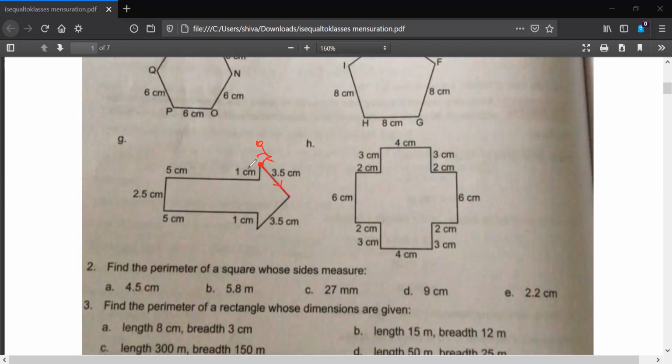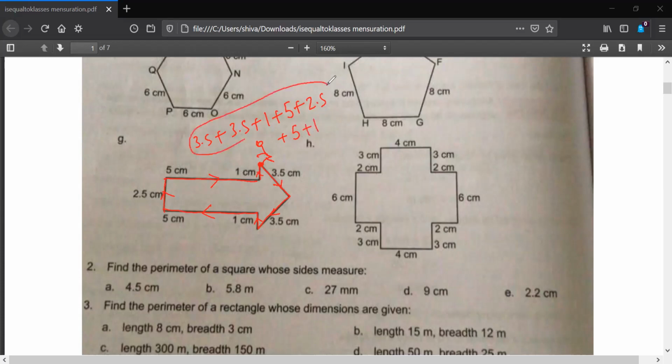This is my 3.5 plus this is my 3.5 plus this is my 1 plus this is my 5 plus this is my 2.5 plus this is my 5 plus this is my 1.